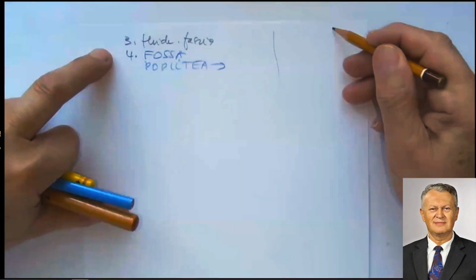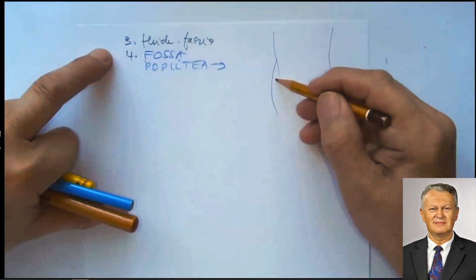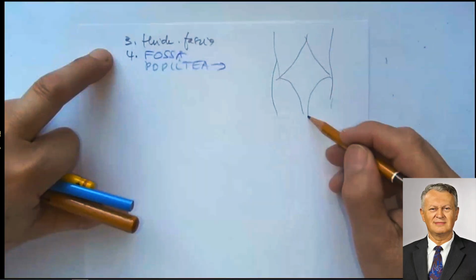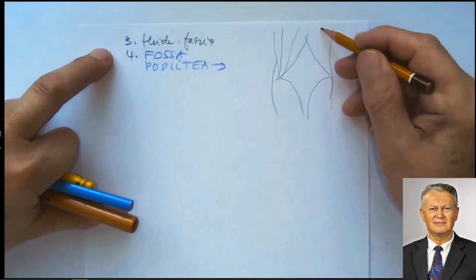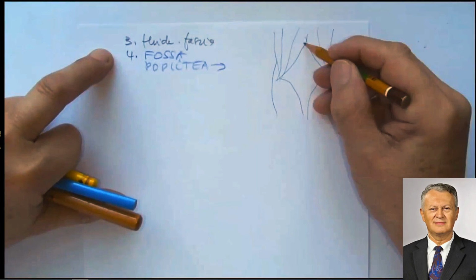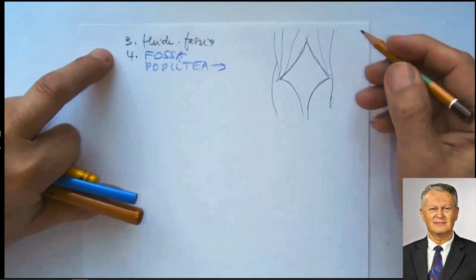This is much more effective, drawing the fossa boundaries, proximal, distal, then the tendons, as you see here. It would be sufficient. So boundaries could be thicker.